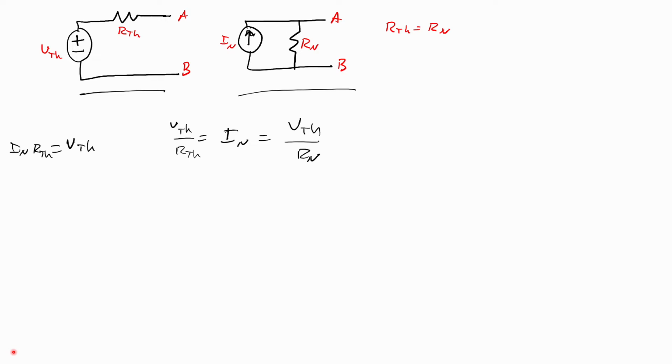So how do you find these? How do you solve circuits like this? I like to think about opening up a source and finding the circuit's equivalent resistance, and then finding the voltage or current.